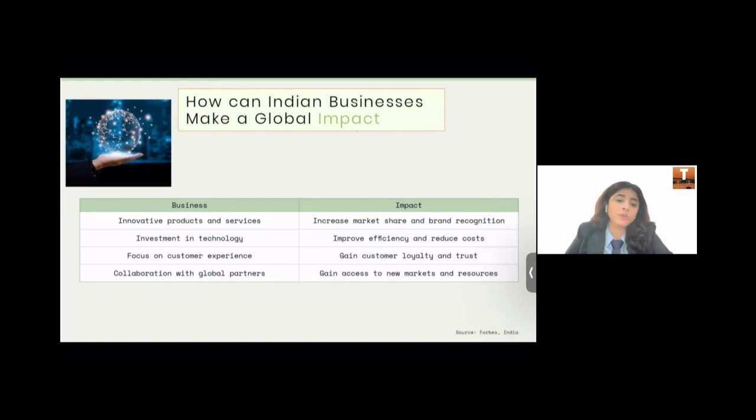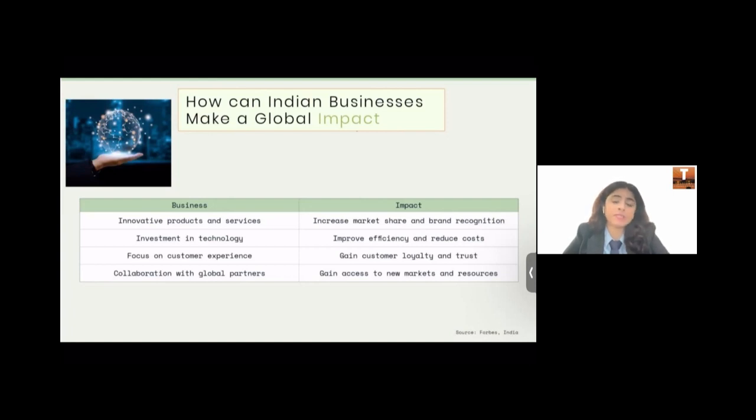efforts. Also, with this, you can enhance the customer experience. So you can also focus on delivering exceptional customer experiences by providing personalized services, efficient support, and timely communication.